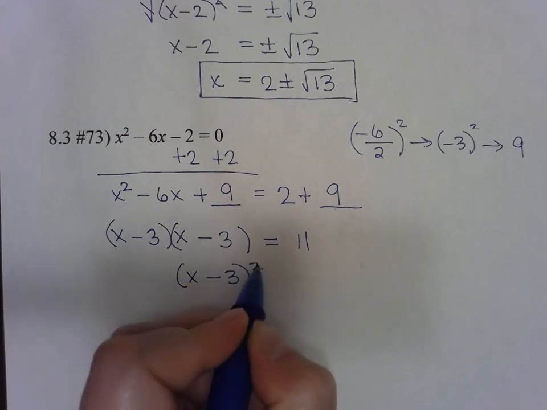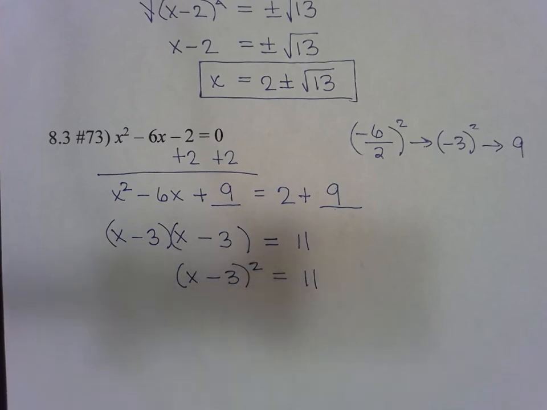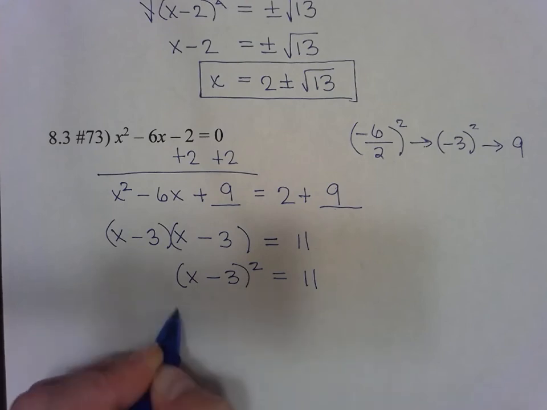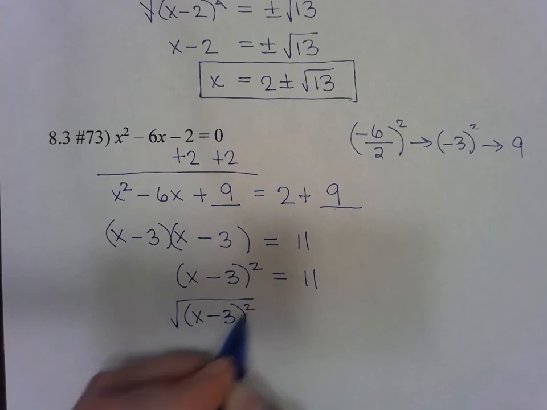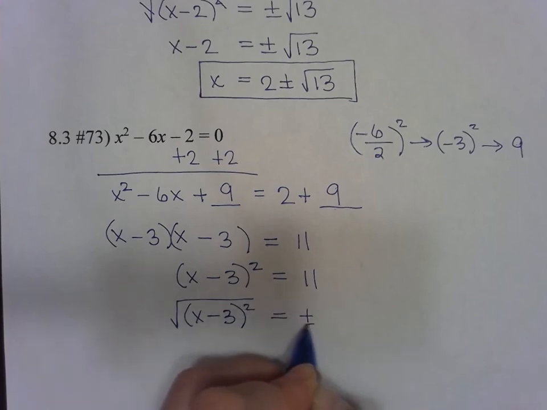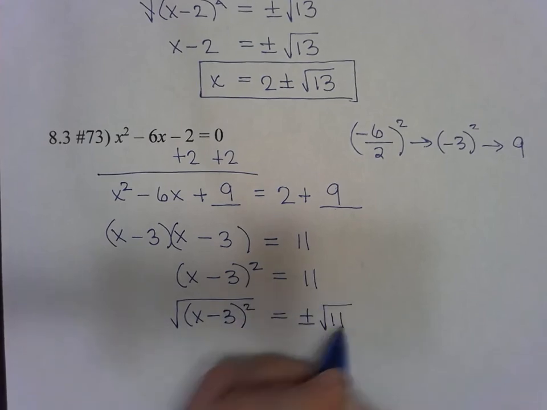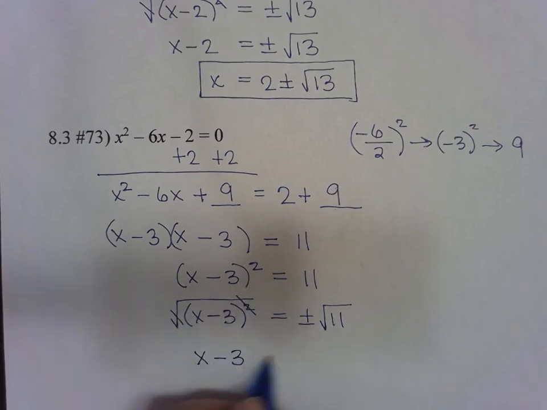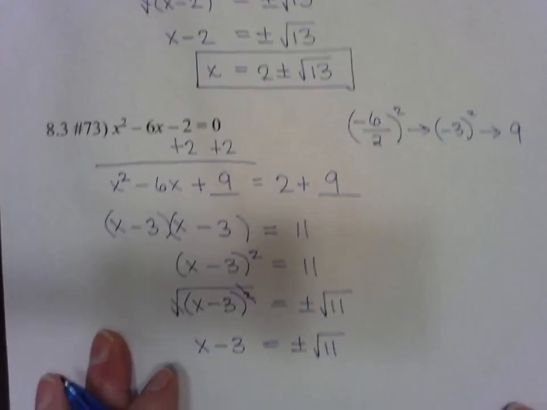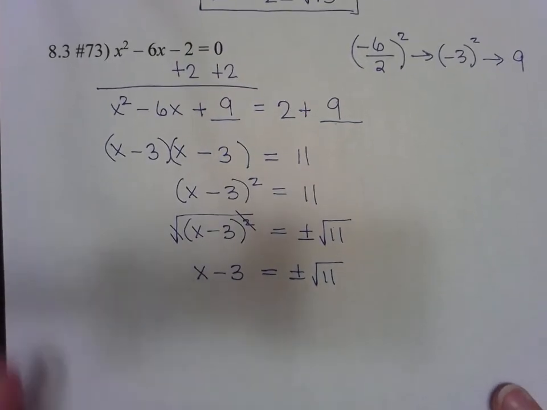I'm going to write this as a square. And then I'm going to finish solving by using the square root method. The last step then is to add this 3 over to the other side.